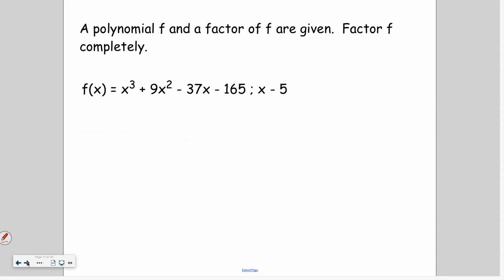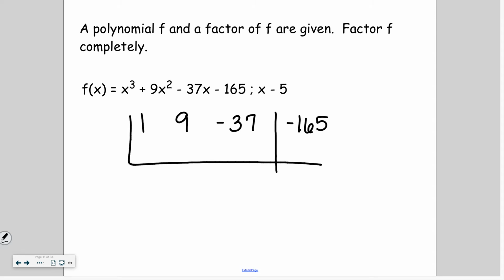All right, now it's wanting us to factor this one, so we'll use synthetic division, and it wants us to factor it completely. So that is telling me that this x minus 5 is a factor, so I better get 0 as a remainder. Okay? So I have a 1, 9, negative 37, negative 165. And then I'm going to divide by 5.